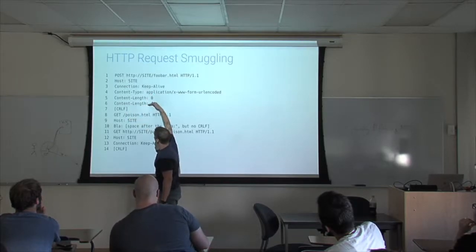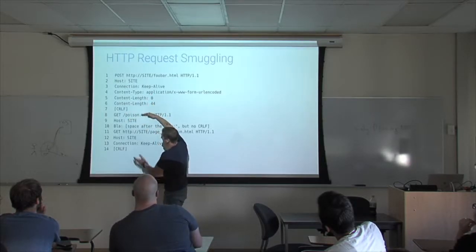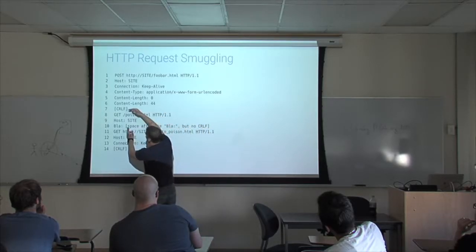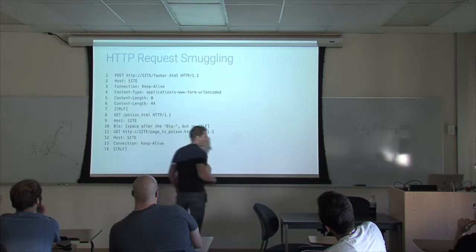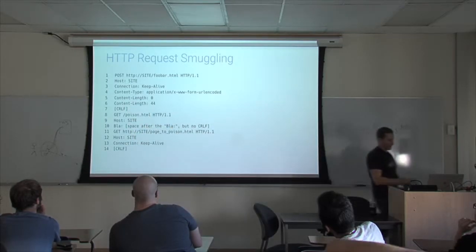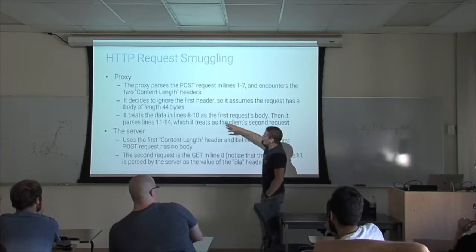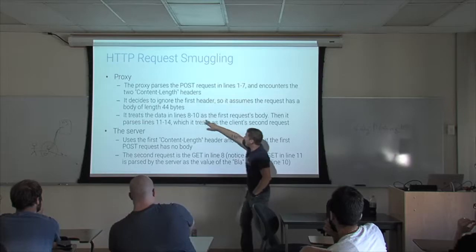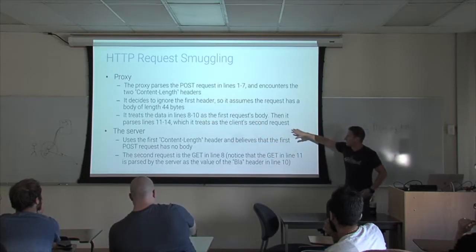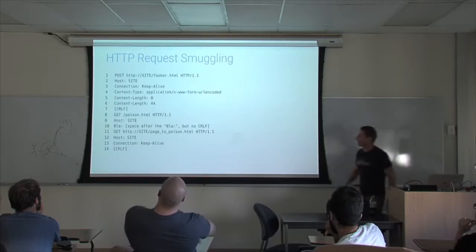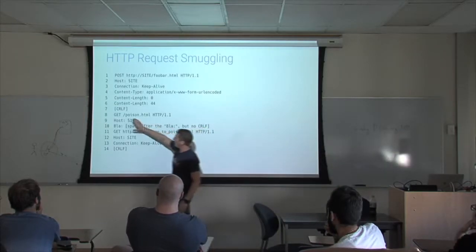I process this, override this value. So for me, this is the request, 44 characters. Sorry, wrong. This is the request, up to here, 44 characters. So it treats the data in lines 8-10 as the first request body.